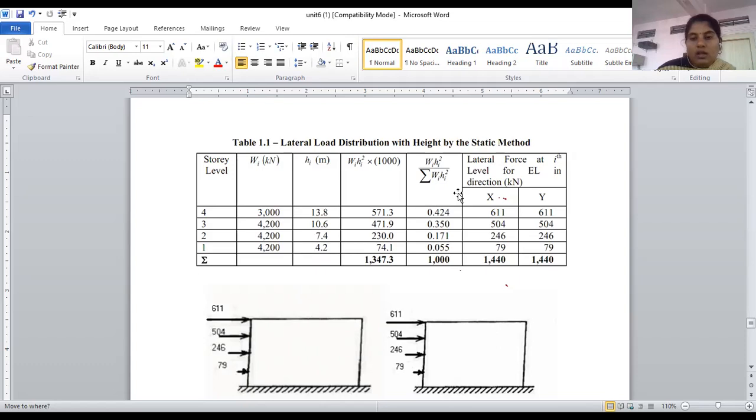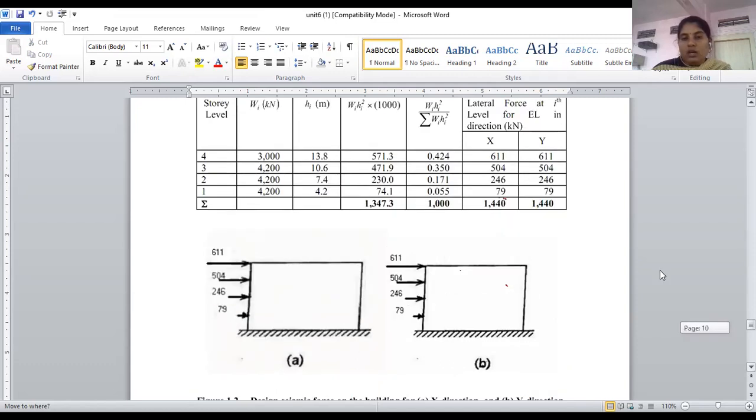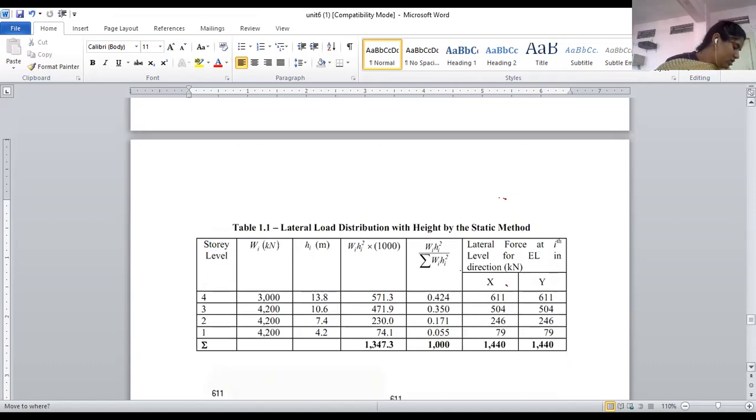Okay, and in the last step we have to multiply the value of VB with that factor, and we get the evaluation of seismic forces, that parameter for each and every story. Okay, in the x direction we have to calculate.